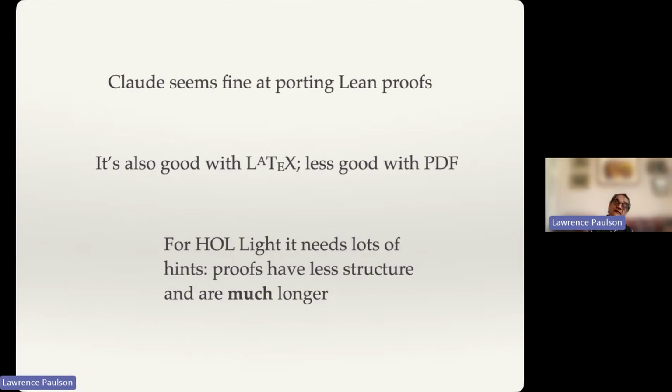So what do I conclude from all this? Lean seems easy to port, possibly because proofs in Lean tend to be short. You don't get these 400-line wonders like you get in HOL Light, and Lean has more structure by far than, well, I was about to say more structure than a HOL Light proof.